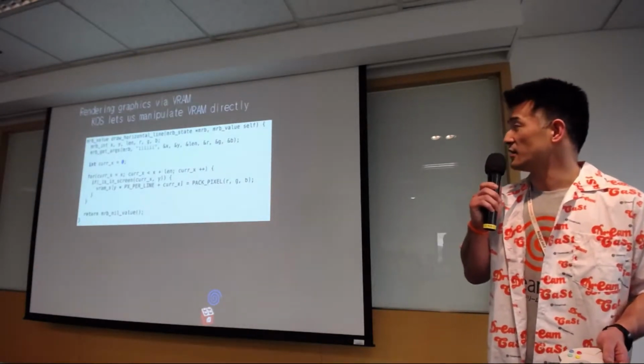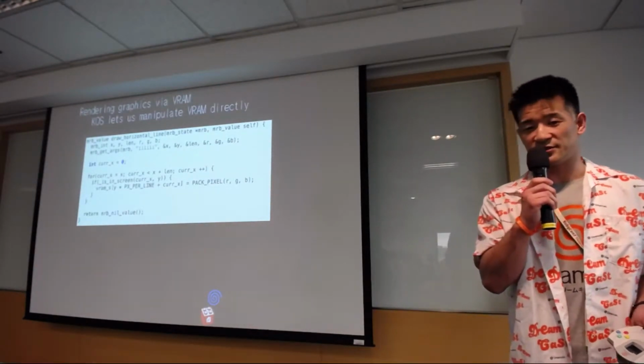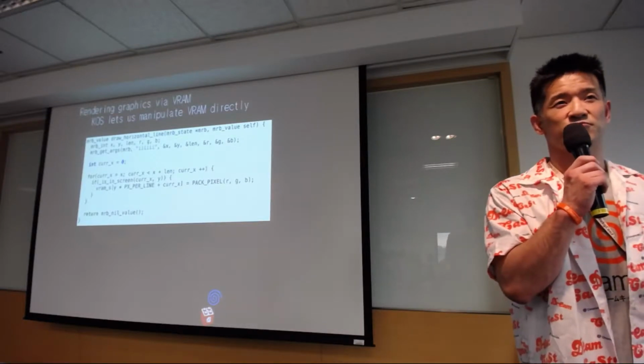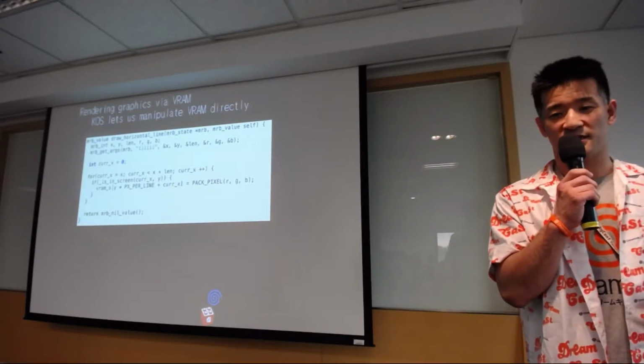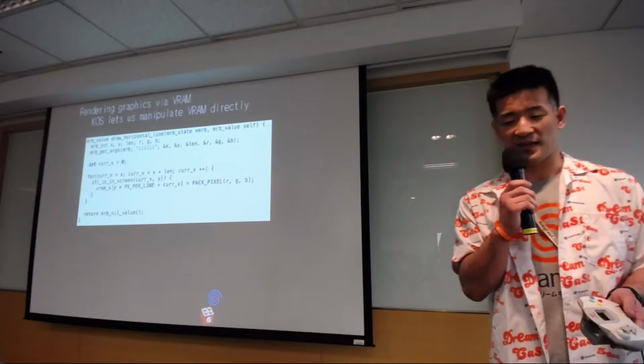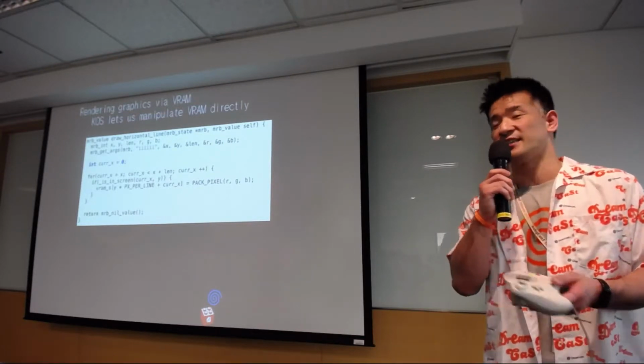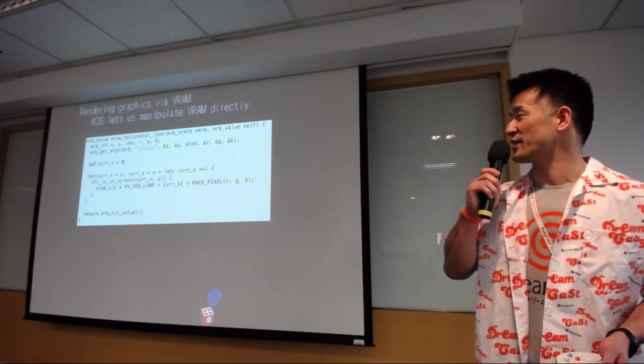Also, similar to the controller, I used Chaos function calls to access the controller state. Here's accessing the video RAM.